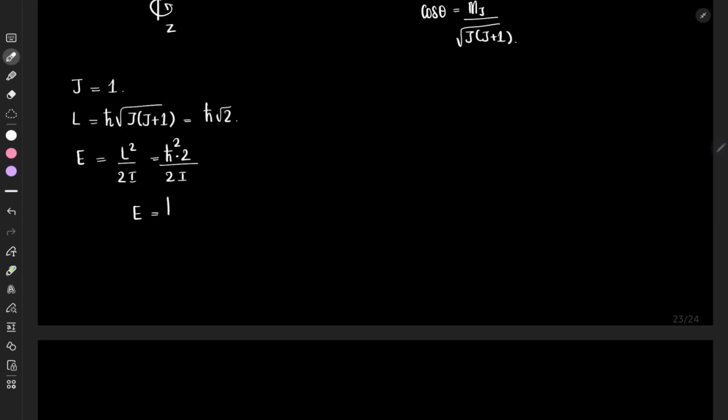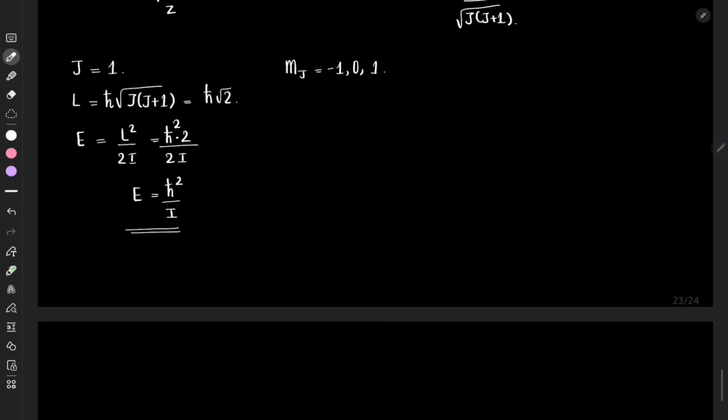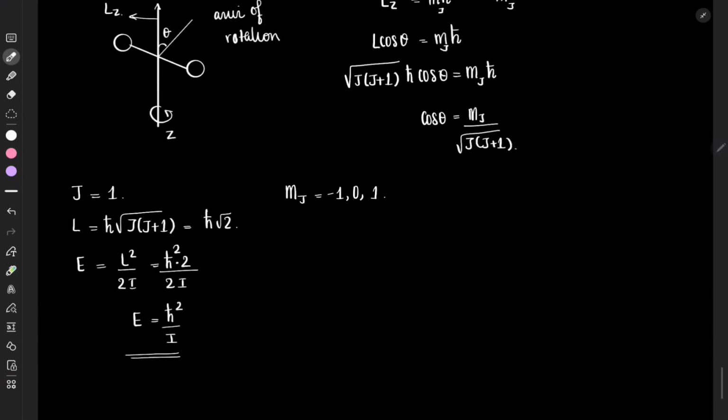E is equal to h cross squared by I, and MJ is minus 1, 0, plus 1. From this we can draw this diagram.